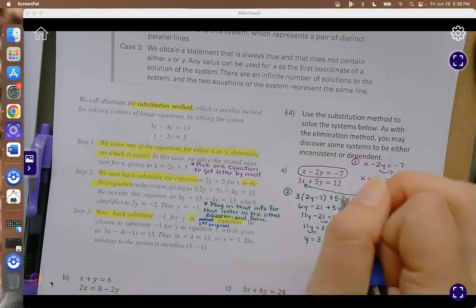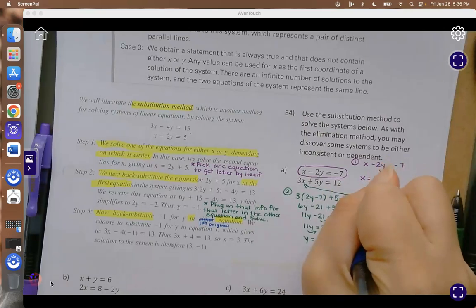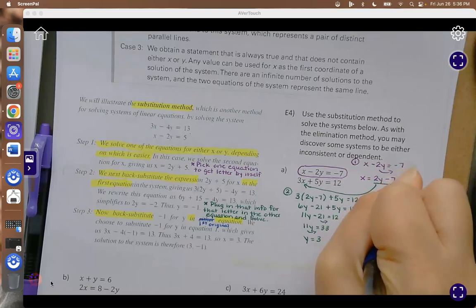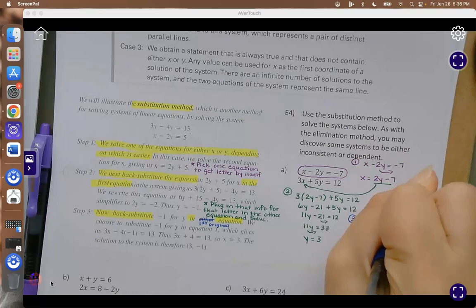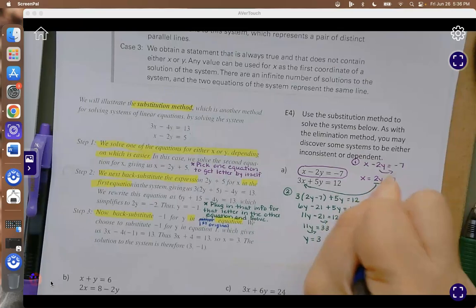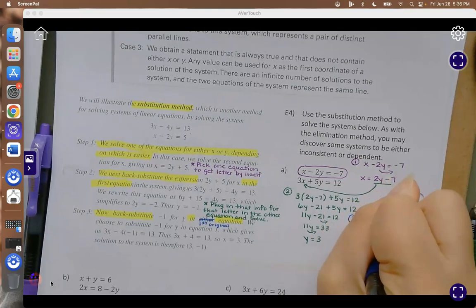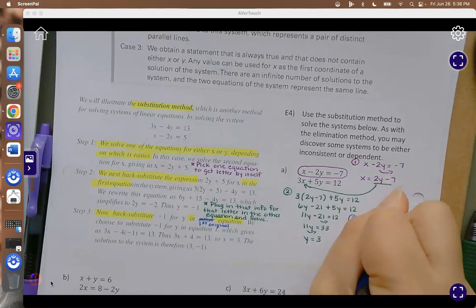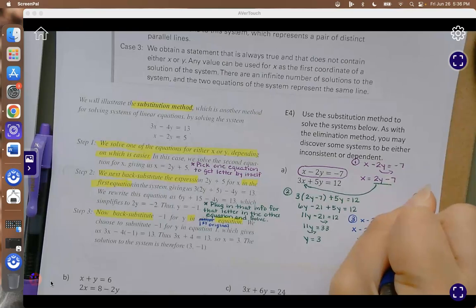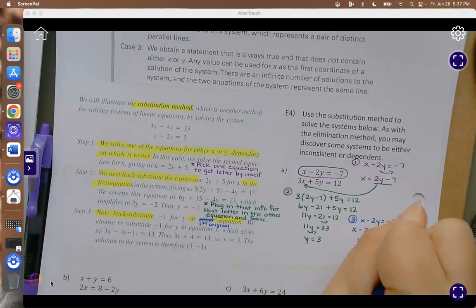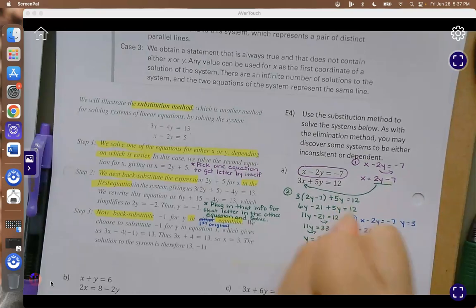So step 3, the first original equation was x minus 2y equals negative 7, and we know y equals 3. So we have x minus 2 times 3 equals negative 7. So x minus 6 equals negative 7. Add the 6 over, x is negative 1. So my ordered pair is negative 1, 3.